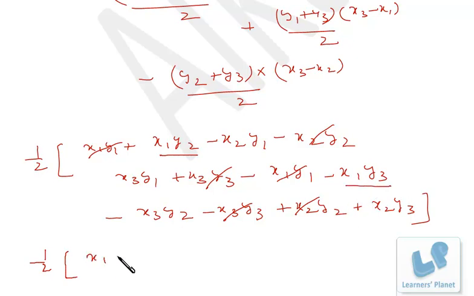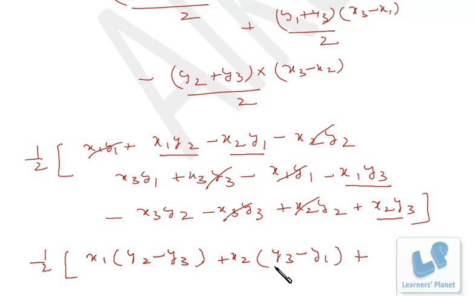So I can take x1 as common, y2 minus y3. Similarly here we have x2 y3 and x2 y1. I take x2 as common, so this is y3 minus y1. Similarly I have x3, so that is y1 minus y2. So this is the area of the triangle.